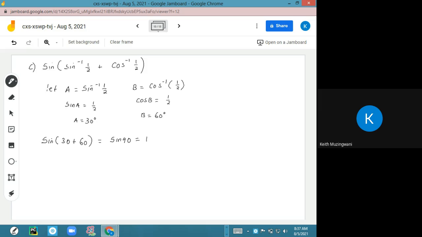If you don't want to, you expand: sine 30 cos 60 plus cos 30 sine 60. What is this? Sine 30 is half. Cos 60 is half as well. Is this true?